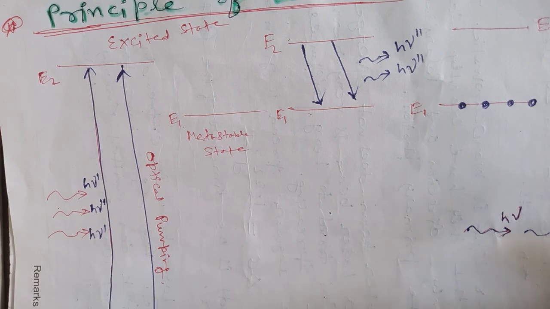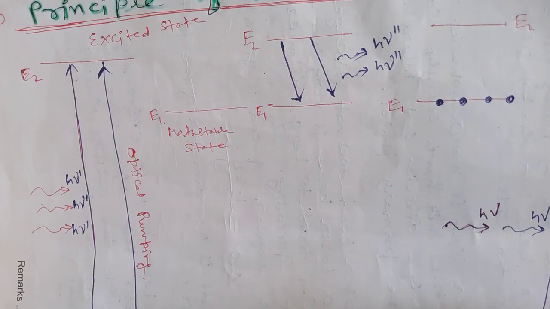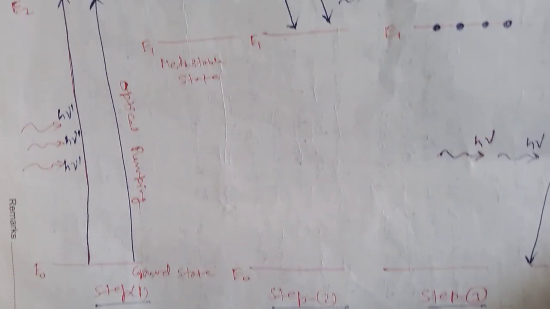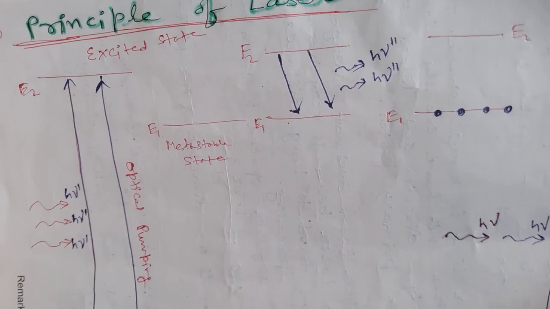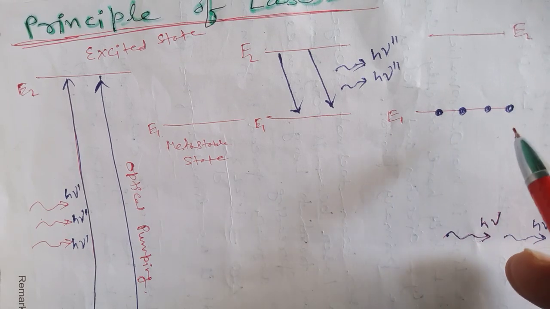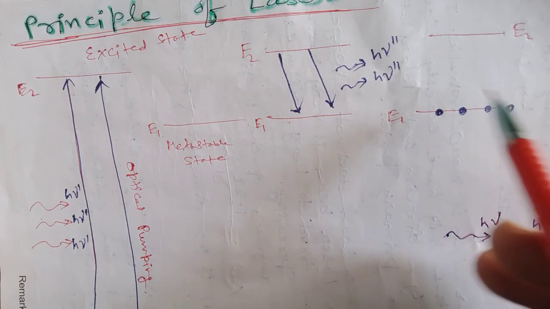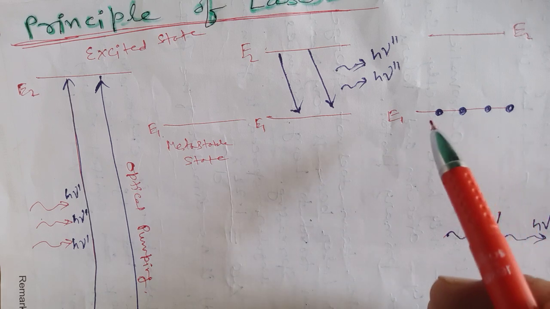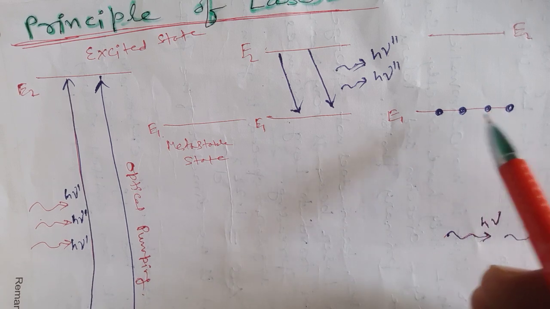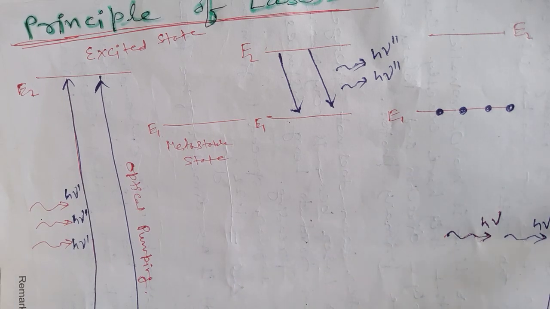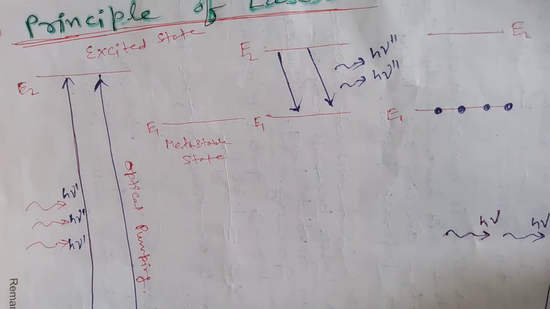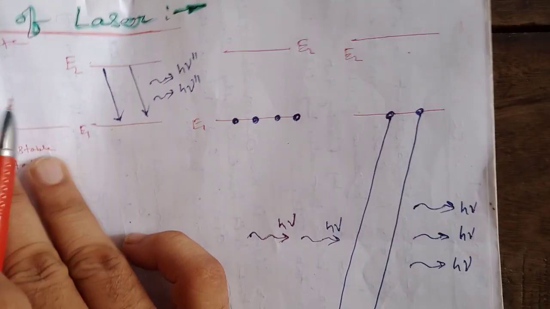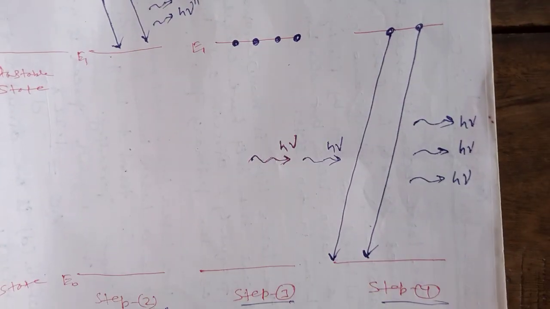So step 3. In step 3, a large number of atoms are present in the metastable state, or the metastable state is occupied in this way by a large number of atoms. And at the last step, this is the fourth step, step 4.